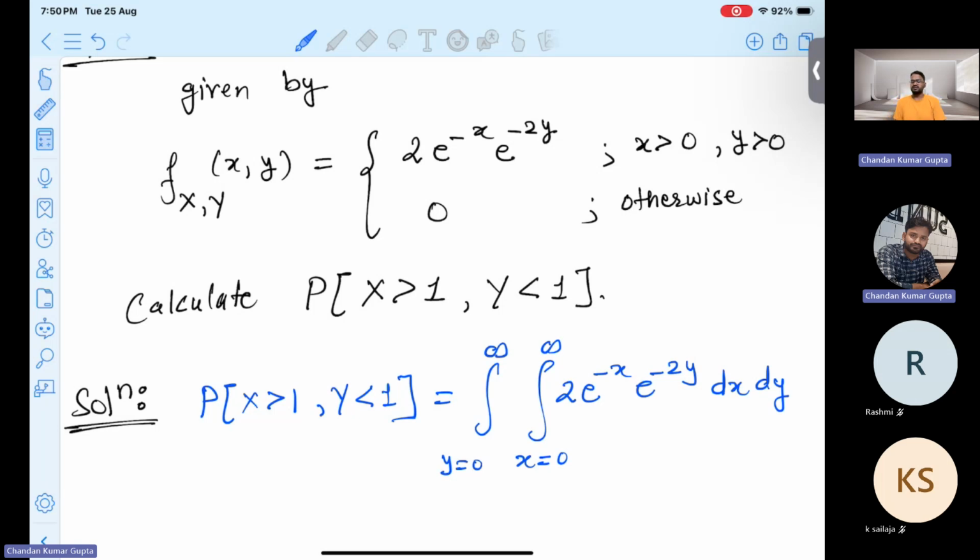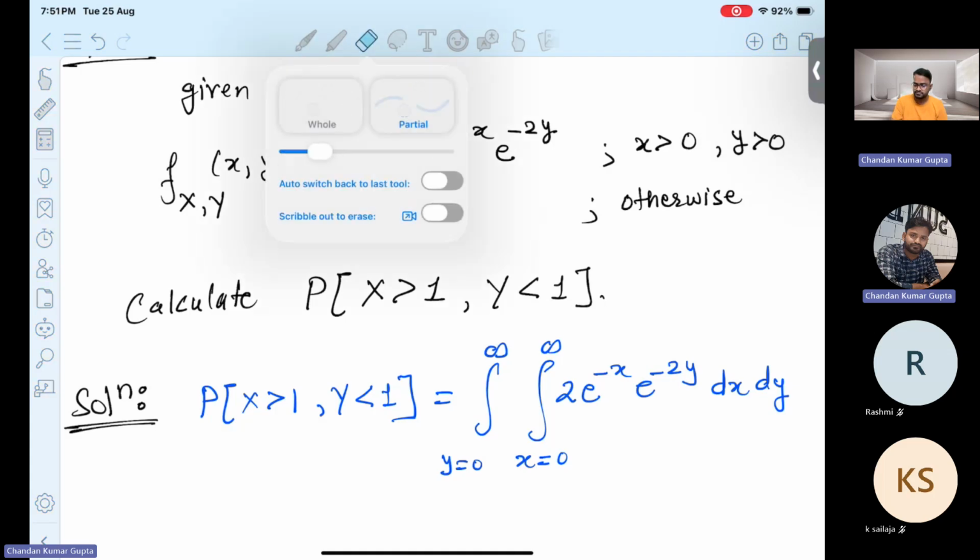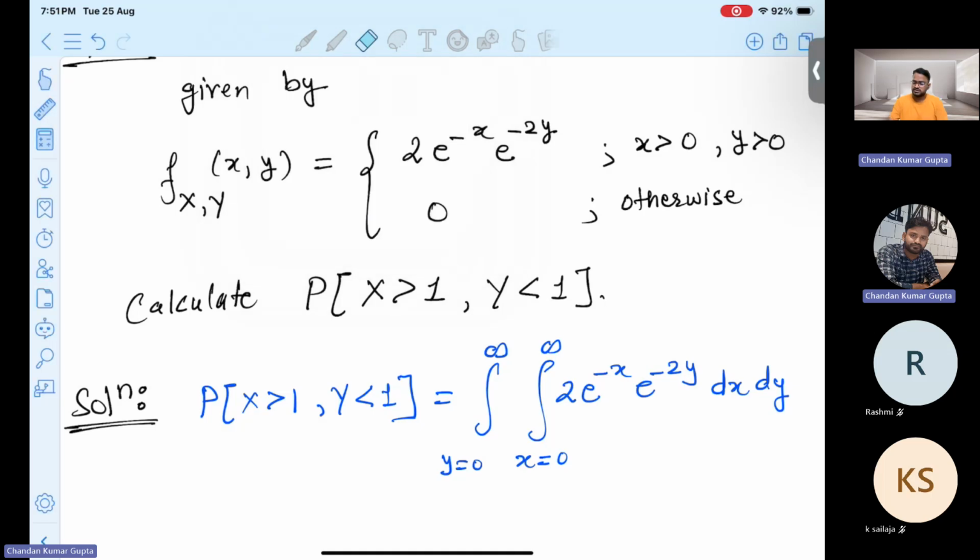But here we need x greater than 1, so x can take values from 1 to infinity. And y is less than 1, so y goes from 0 to 1, because y is greater than 0.